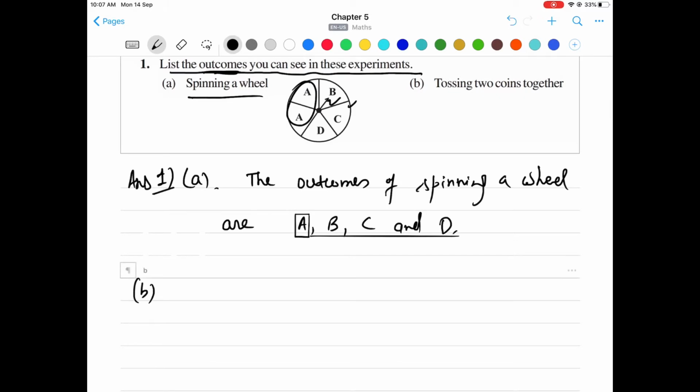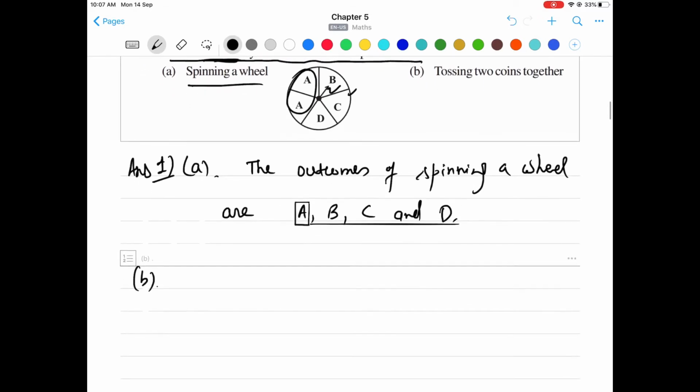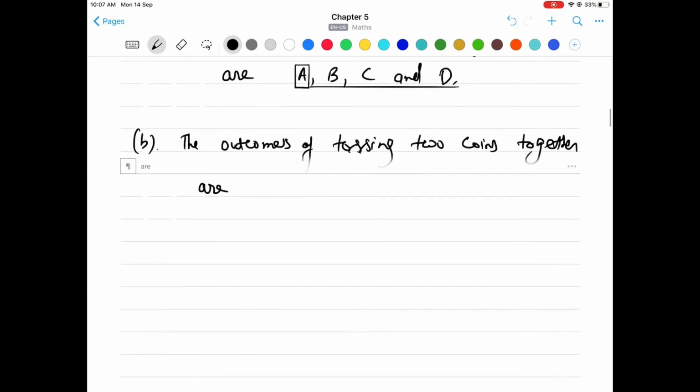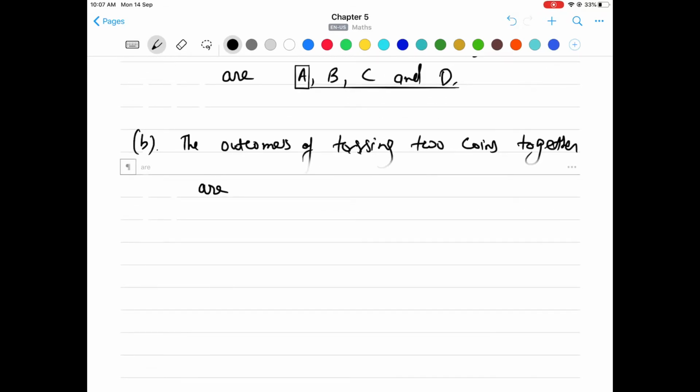Then we move to the second part, the B part, which is tossing 2 coins together. The outcomes of tossing 2 coins together are, like I told you, when 2 coins are tossed simultaneously, the outcomes are heads heads, heads tails, tails heads and tails tails.